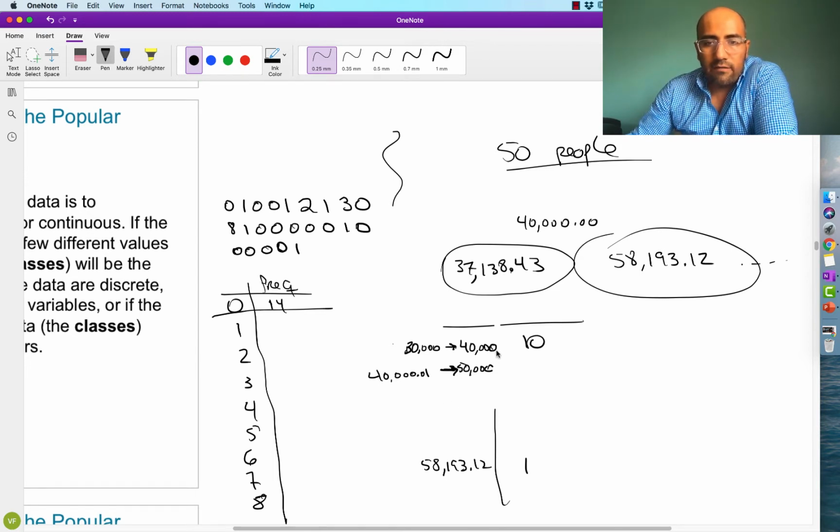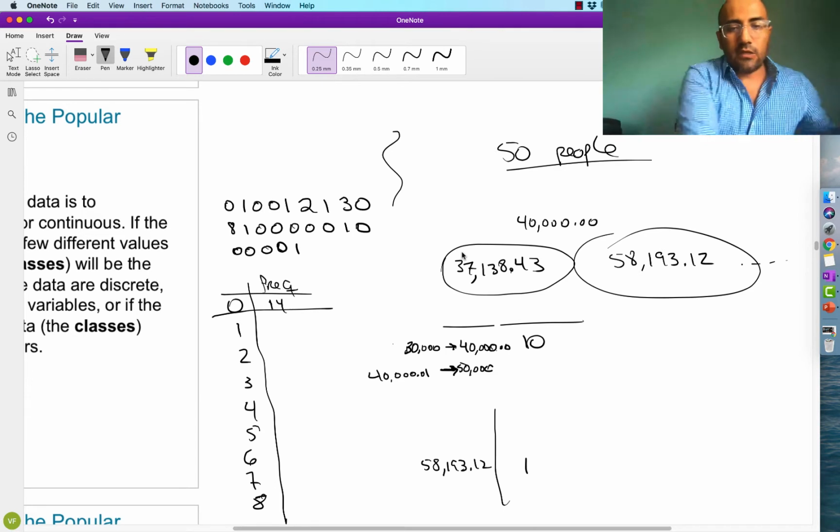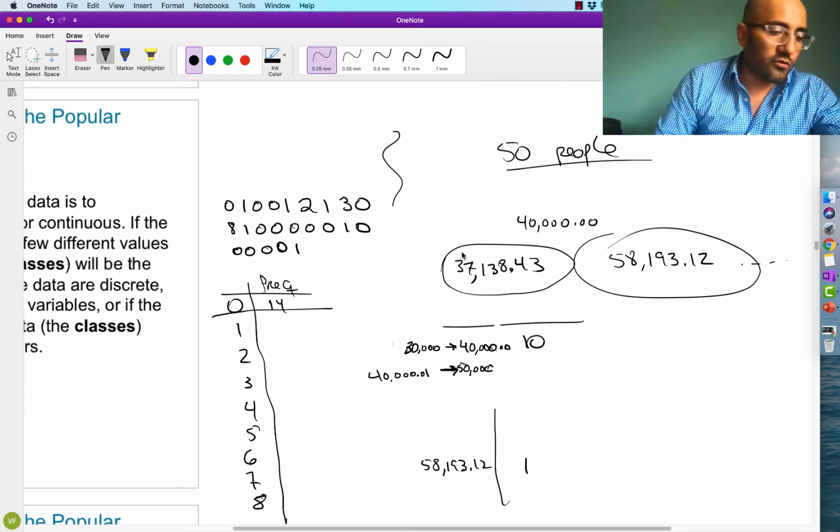Right, so right at 40,000, you go in this class. If you get 40,000 and 1 penny, you go in this class. Right? So we're being a little bit more precise with our table. So that's a little bit more useful.